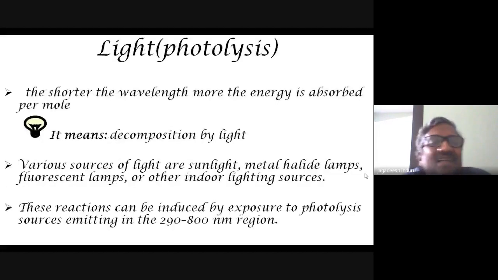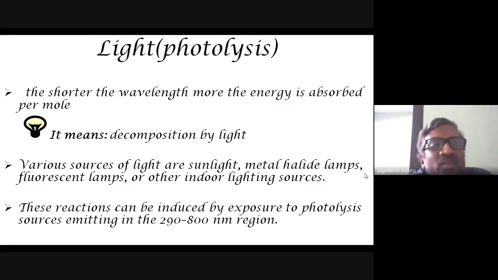Another factor is light, which we are going to study for its impact. The shorter the wavelength, the more energy is absorbed, so it is going to cause decomposition. Generally, visible light is in the range of 450 to 700 nanometers, whereas UV light is 200 to 400 nanometers.